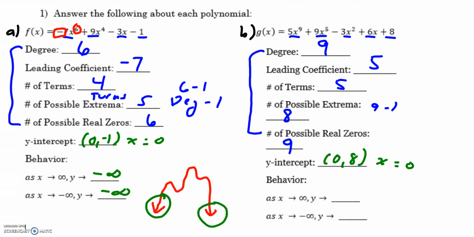On the other hand, if I look at part B, my lead coefficient is positive and I have an x to the 9th as my highest degree, which means that this function is going to behave more like a cubic function, or x to the 3rd, than a parabola. And because my lead coefficient is positive, my function must be increasing from left to right.